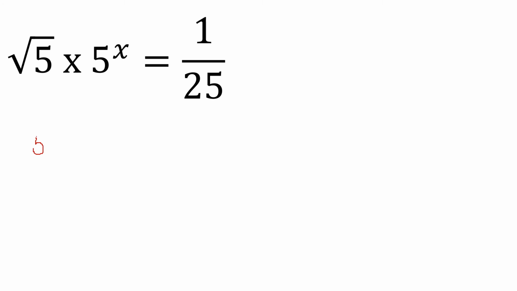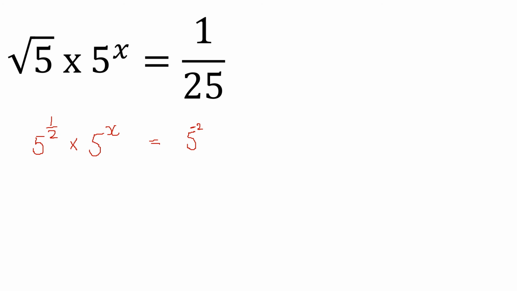We can rewrite it as 5 to the half, times 5 to the x, which is equal to, so 25 we can rewrite as 5 squared, and then that's 1 over, so negatives let us write 1 over.